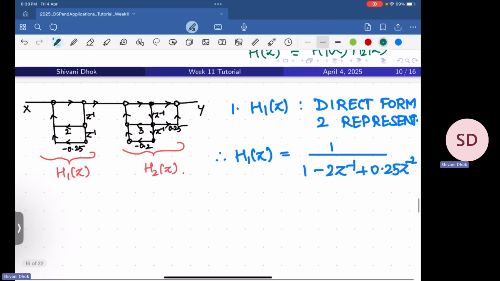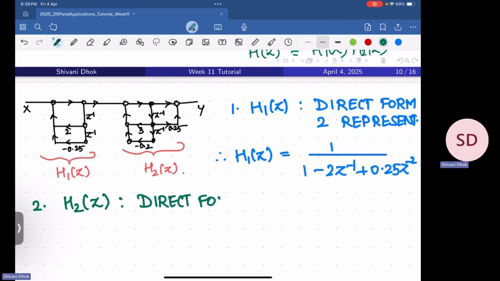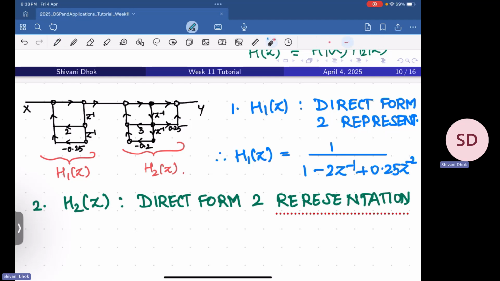In similar fashion, if we look at the second system, that is h2 of z, this is also a direct form 2 representation. For this, we have both the numerator part and the denominator part.